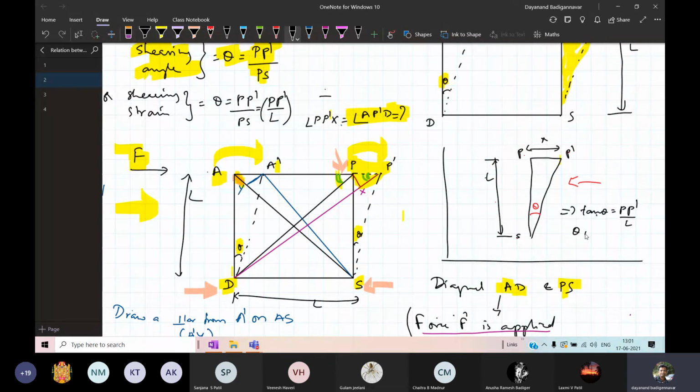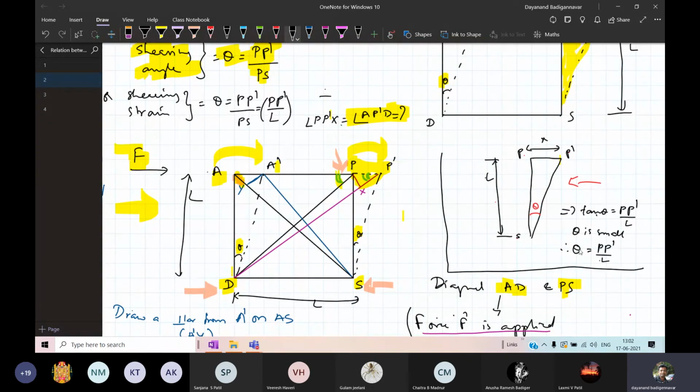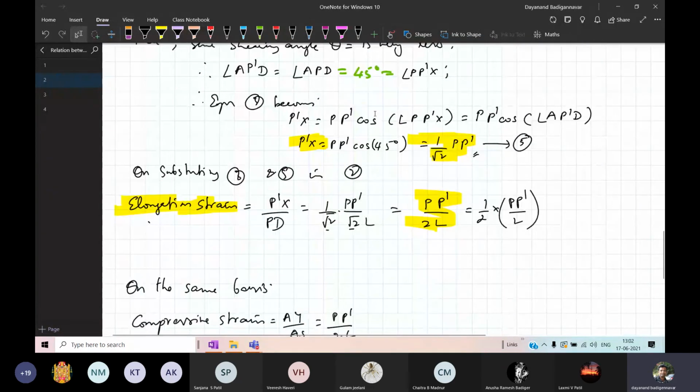Since theta is small, I can take theta equal to P dash divided by L. Therefore, keep in mind, theta is P dash by L. It is nothing but the shearing angle. So it is called 1 by 2 into theta.